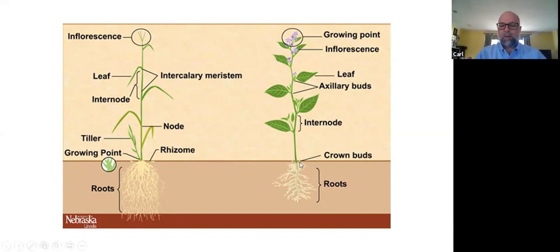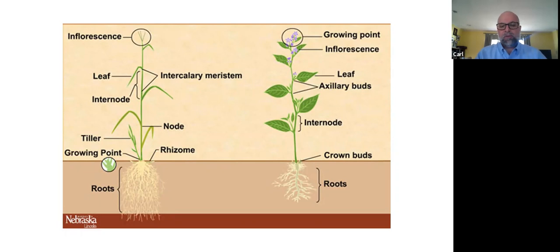You would have these crown buds on legumes like clovers or alfalfa. You've got dormant buds at the crown of the grass plant as well. So that takes a little bit more time. So the object with grazing is to go with plants where you can keep the growing point intact relatively easily.